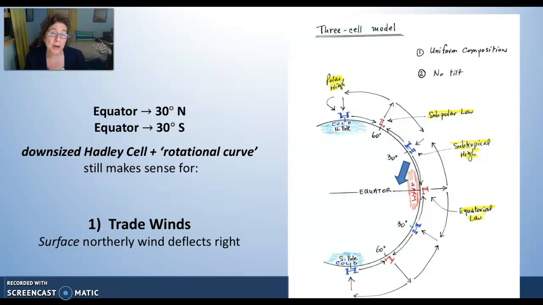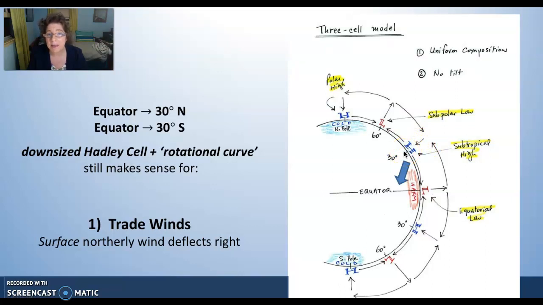We'll talk about what you already know first. You know about the Hadley cell. You know it was a cell that originated on a thermal drive from the equator. The warm air rose. It went toward the North Pole because the horizontal pressures were lower with the cold air. Now, this new model says that it starts to sink down at about 30 degrees north latitude.